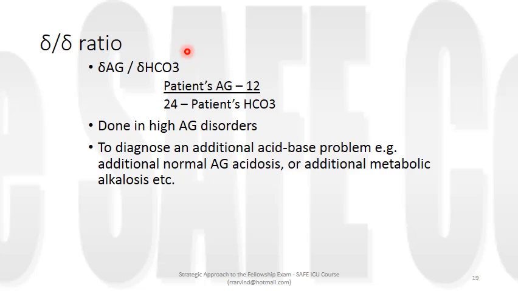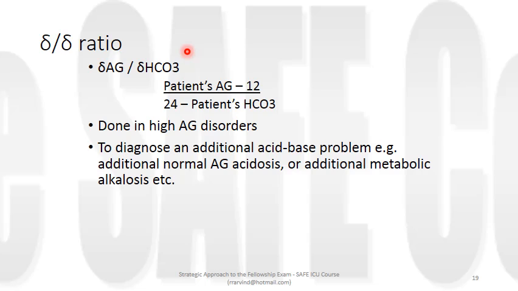Example, if the patient has a high anion gap metabolic acidosis because of lactate, then that same patient can have an additional normal anion gap metabolic acidosis because of, say, diarrhea and loss of bicarb from the stool, or pre-existing renal tubular acidosis, or the patient can have an additional metabolic alkalosis.